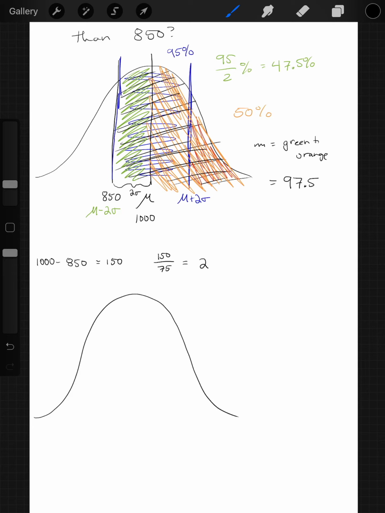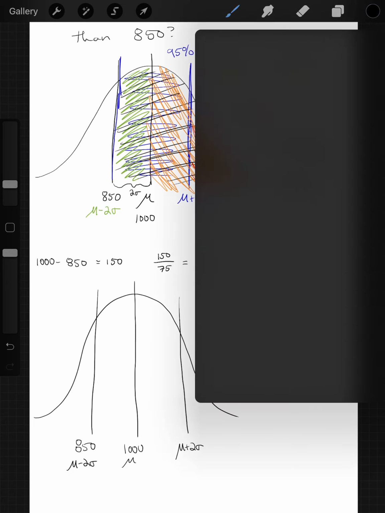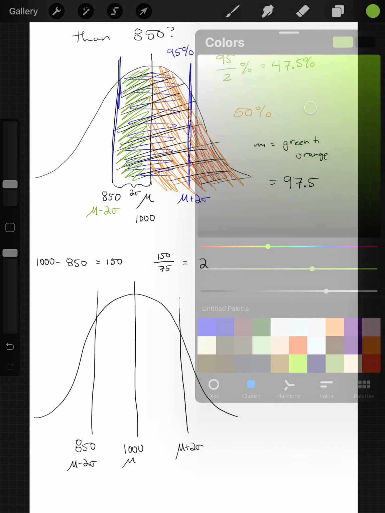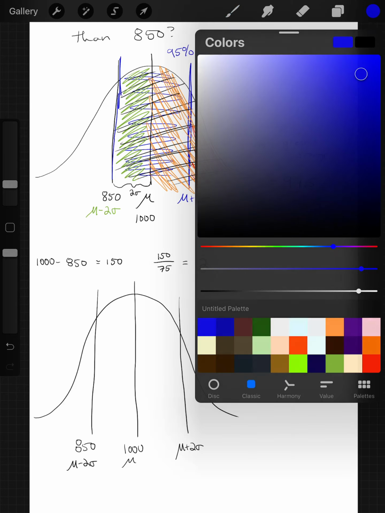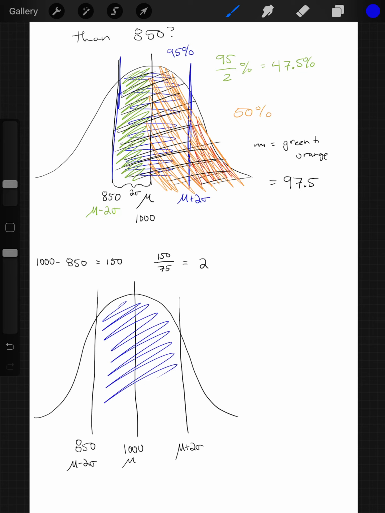But another way to look at it, and I'm going to draw a new graph with the same stuff. Alright, so we have this here, and we knew from before that this stuff was 95%.